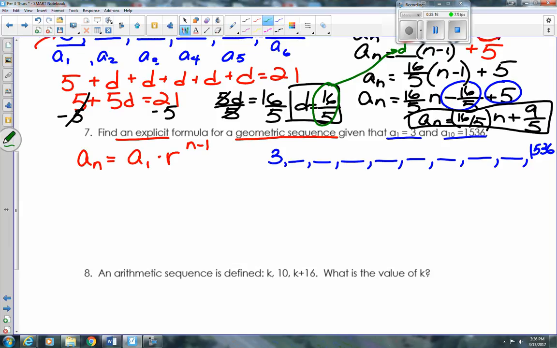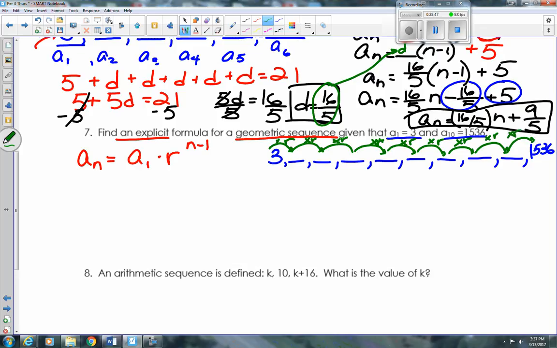but I do know that if I multiply 3 by R, I get the next term, and then by R again, I get the third term, fourth term by R, fifth term by R, sixth by R again, seventh by R again, eighth by R, ninth by R, and then finally times R to get the 10th term.